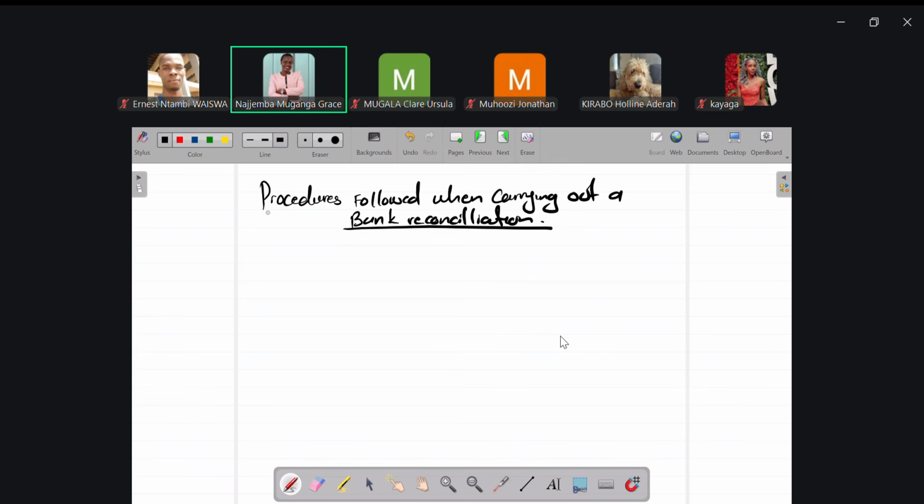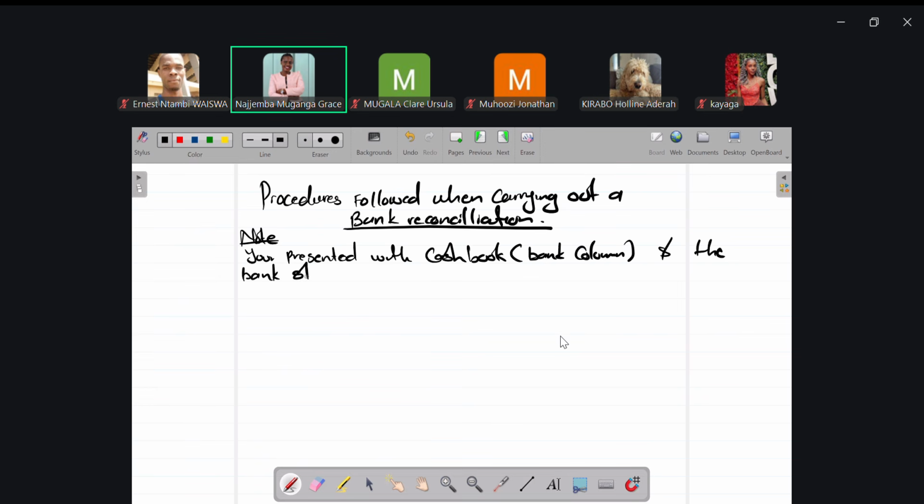So please note, members, that you're presented with the cash book. Focus is on the bank column and the bank statement. You're given the cash book and the bank statement.